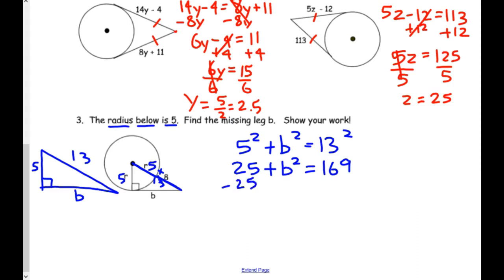Minus 25, the loner on the left side, and square root to get rid of the square. b equals 12. Make sure this 13 is where most people mess up and just put 8. It's not just this 8, you have to add the 5.